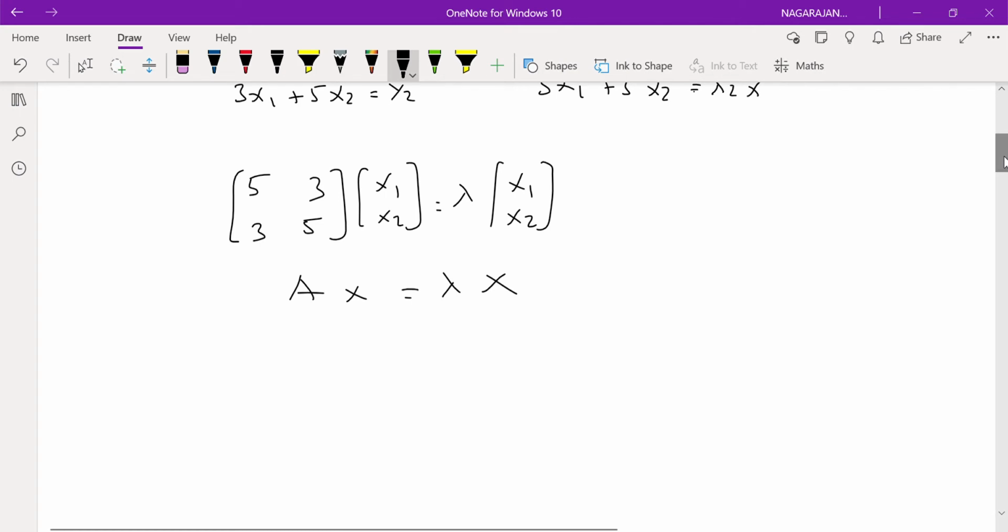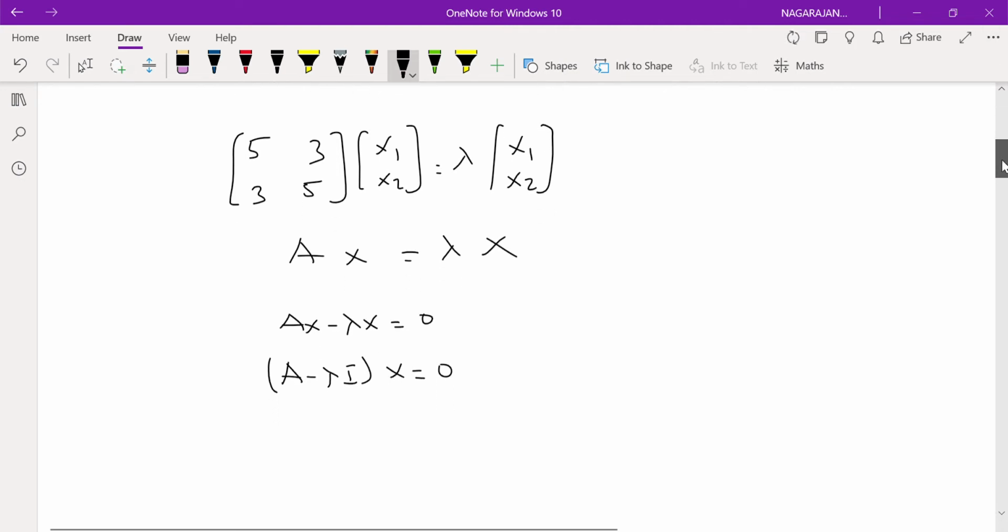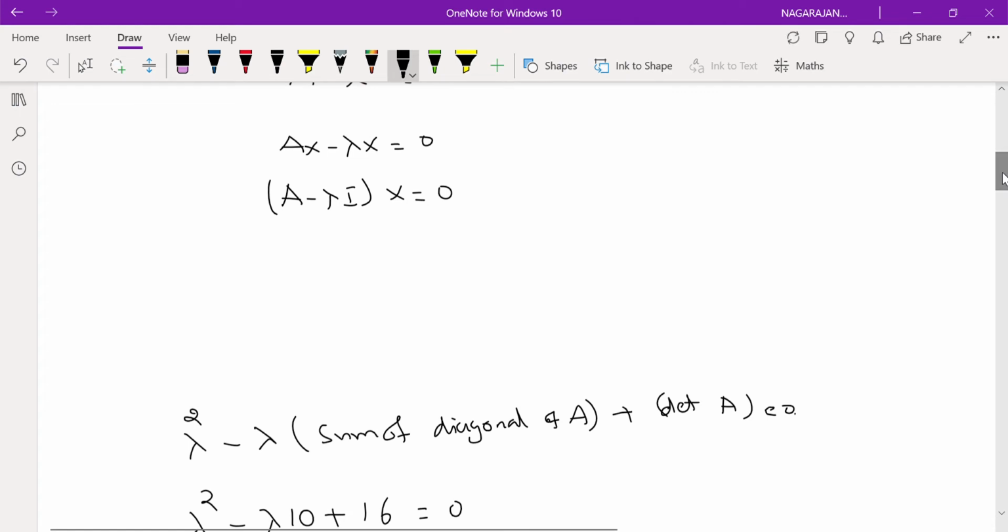So Ax minus lambda x equal to 0, (A minus lambda I) x equal to 0. So it is a singular matrix: the determinant of A minus lambda I equal to 0.